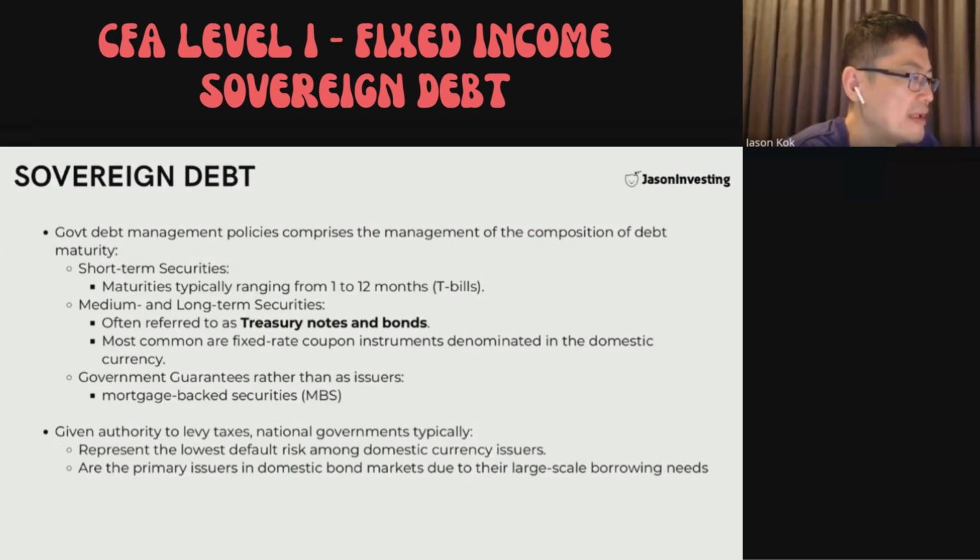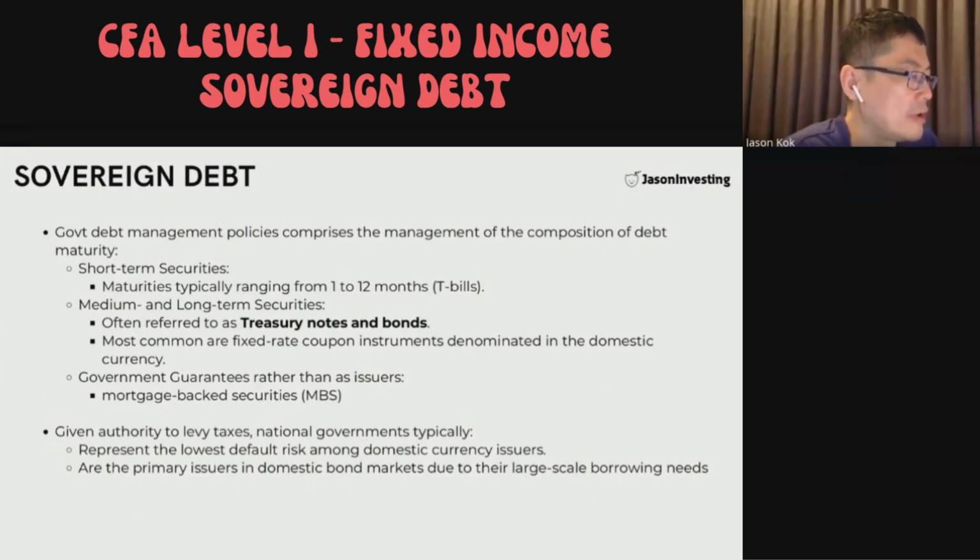Rather than issuing these securities, government can also guarantee some other securities, which makes them similar to sovereign debt. For example, in the US, some forms of mortgage-backed securities are guaranteed by the government. We shall talk about this later.